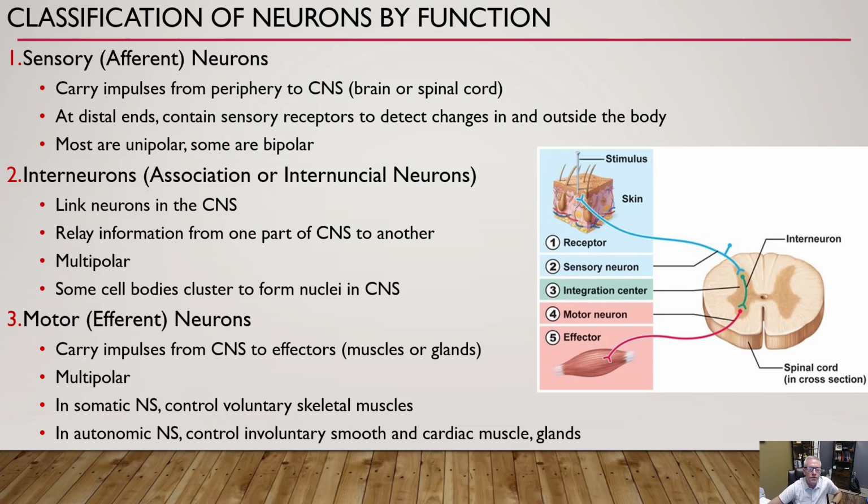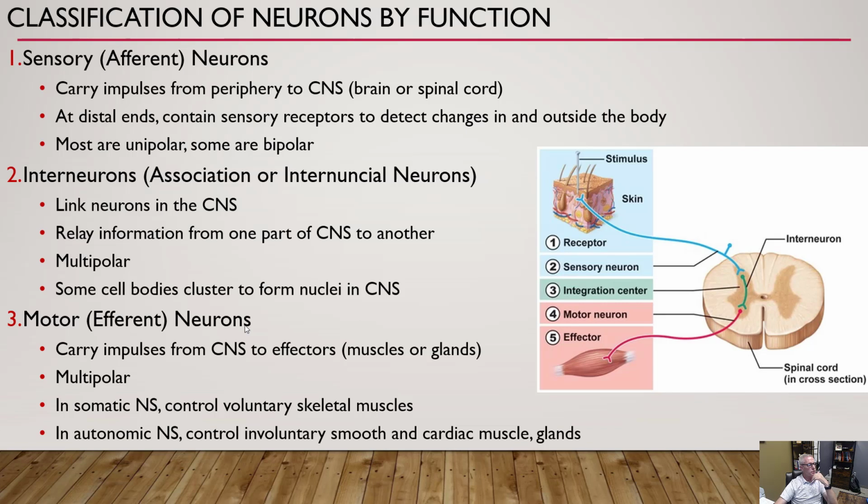All right, so far we've talked about sensory neurons and motor neurons, or sensory afferent neurons. They carry impulses from the peripheral nervous system to the central nervous system, or the brain and spinal cord. And as we saw a few slides ago, most of those are going to be unipolar, some are going to be bipolar, and they're going to have the sensory receptors that detect changes inside the body and from the outside world.